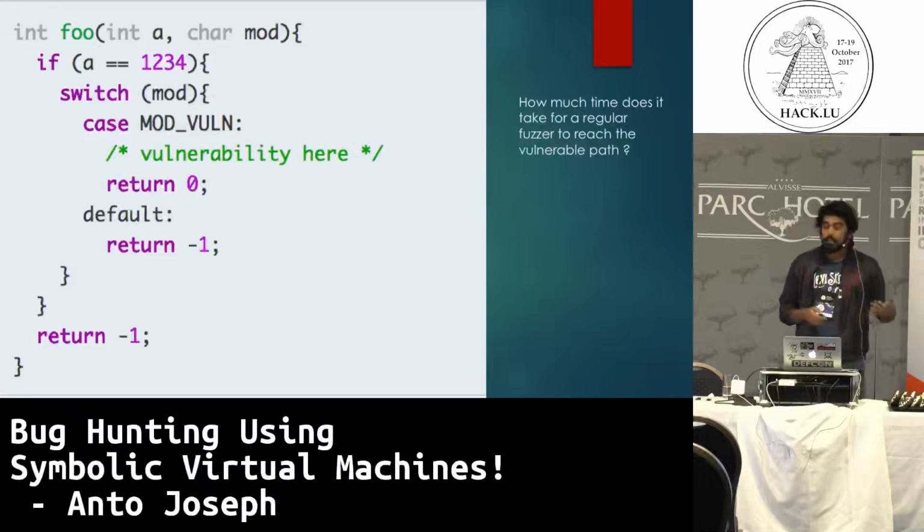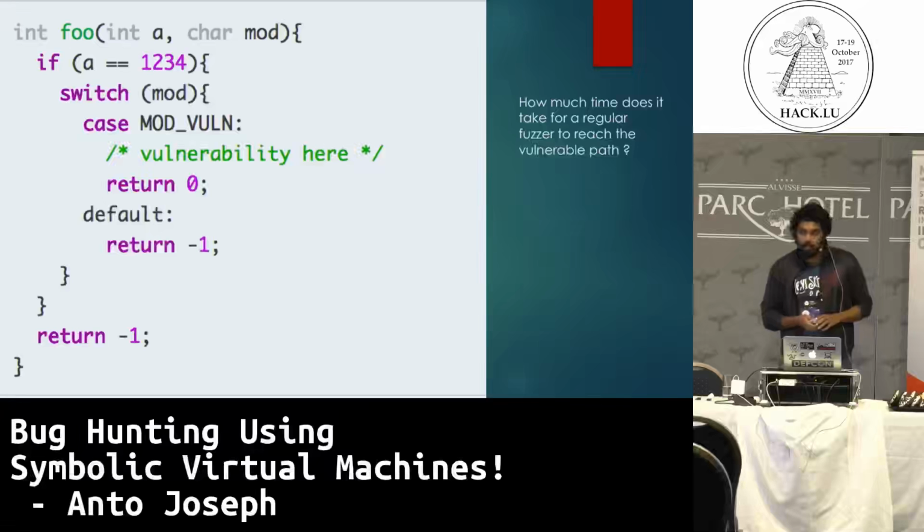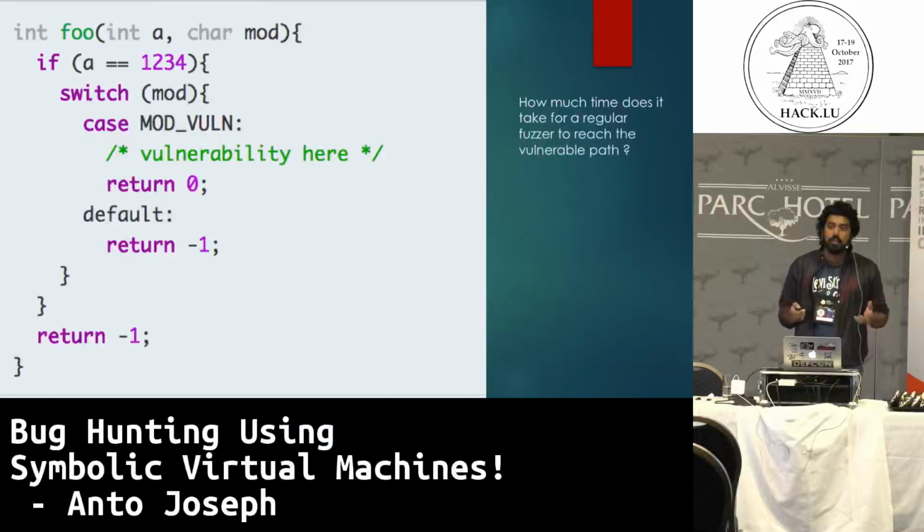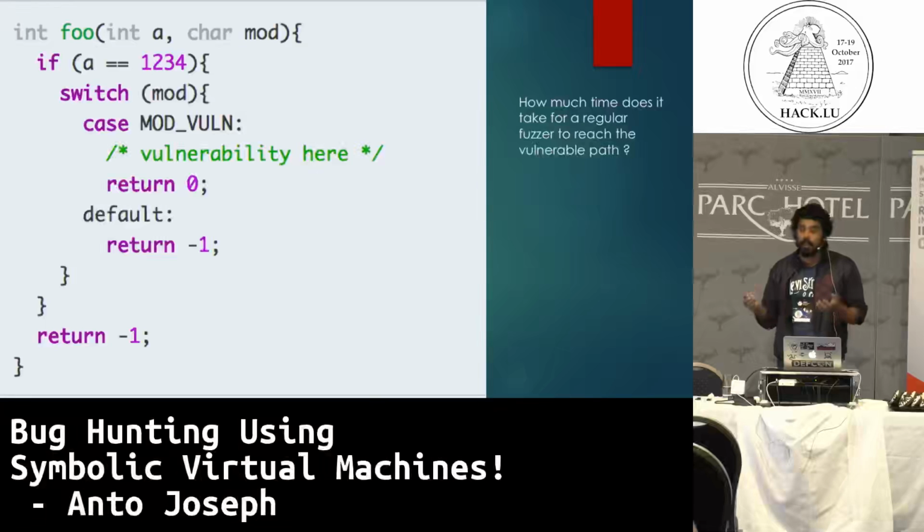Symbolic execution is a good way to solve such problems. Here, if we are symbolically executing this, the symbolic execution program will understand that it has to provide this particular argument A equal to 1, 2, 3, 4, so that it can get to the next path.